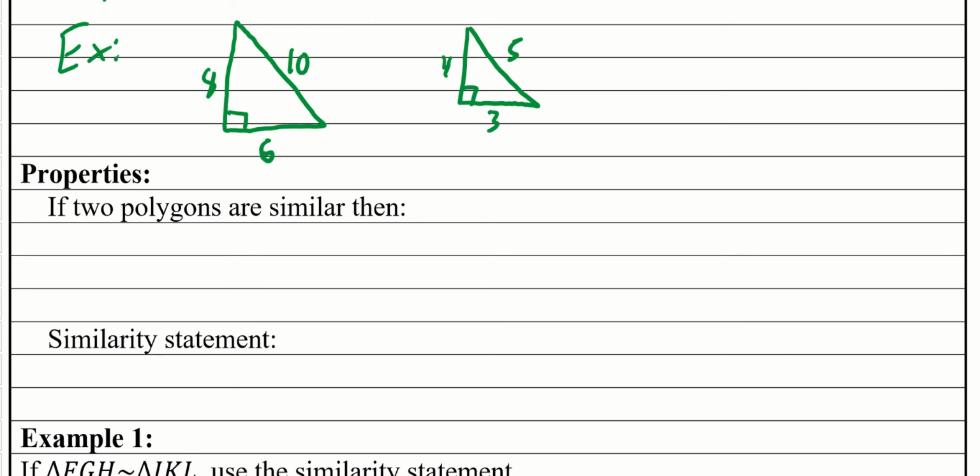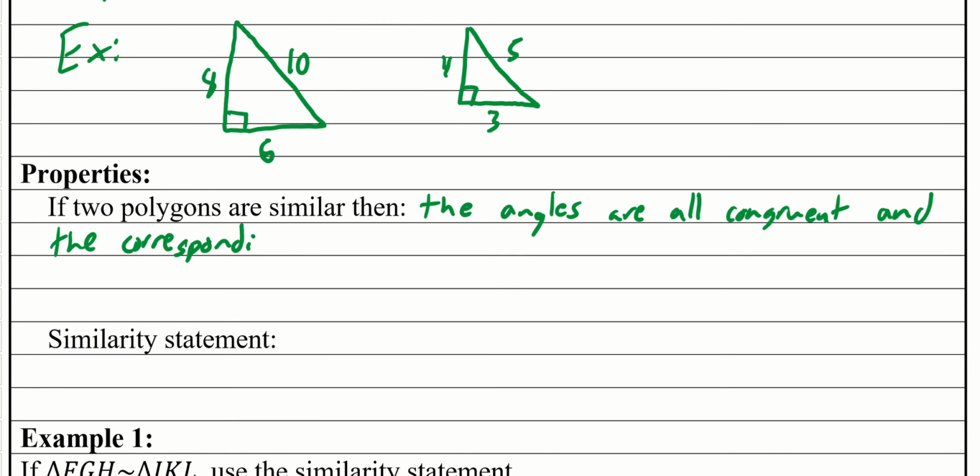If 2 polygons are similar, then the angles are all congruent, and the corresponding side lengths are all proportional to each other.